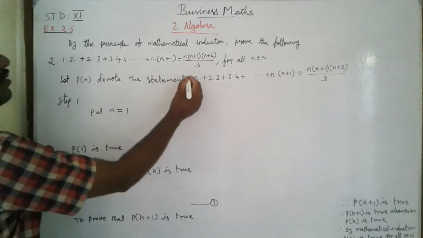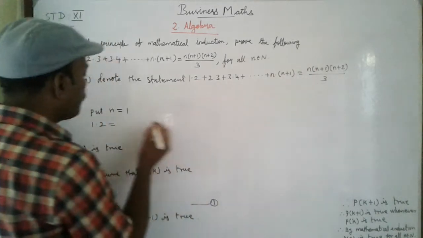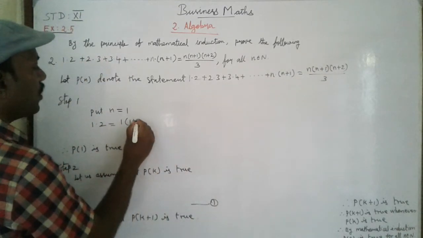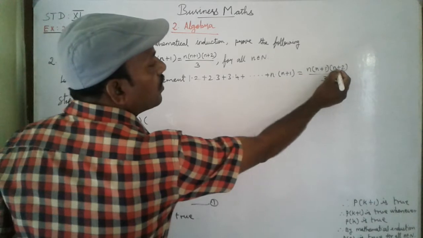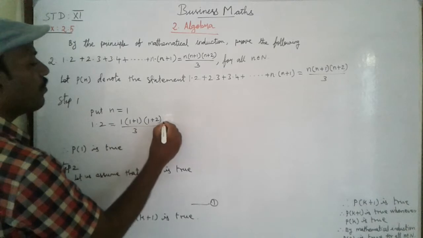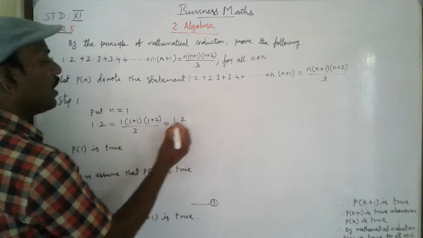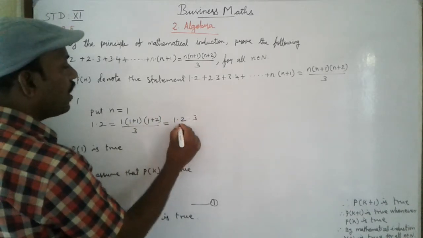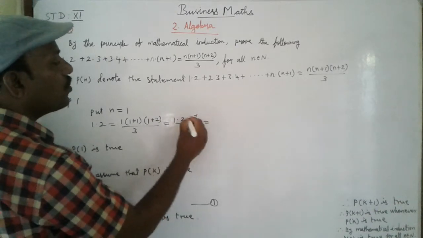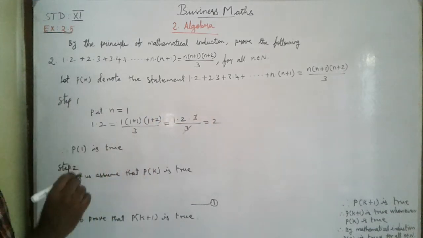Substituting, we get the first term 1 into 2 equal to, substituting n is 1, 1 into (1+1) into (1+2) divided by 3, equal to 1 into 2 into 3 divided by 3. 3 cancels. 1 into 2 is 2. So P(1) is true.